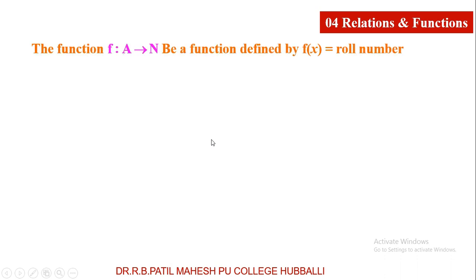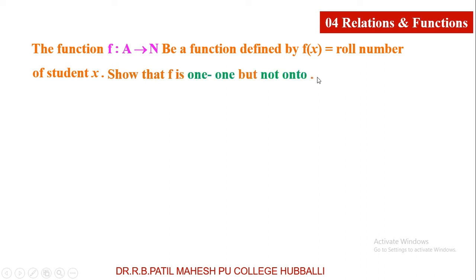Let me take one example like this. The function f from capital A to capital N, where N is the set of natural numbers, is a function defined by f(x) equal to the roll number of student x. Show that f is 1-1 but not onto.